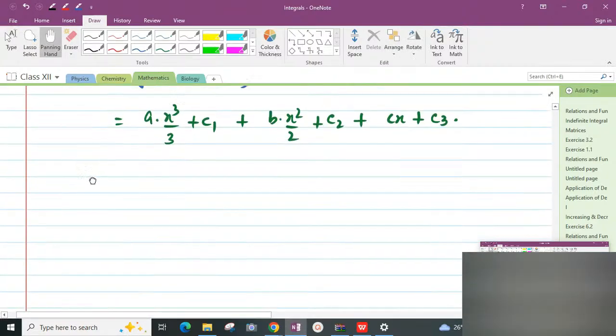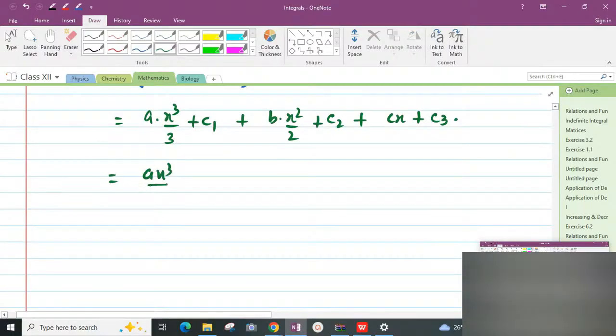Therefore, we write down here ax cube by 3 plus bx square by 2 plus cx plus c1 plus c2 plus c3.